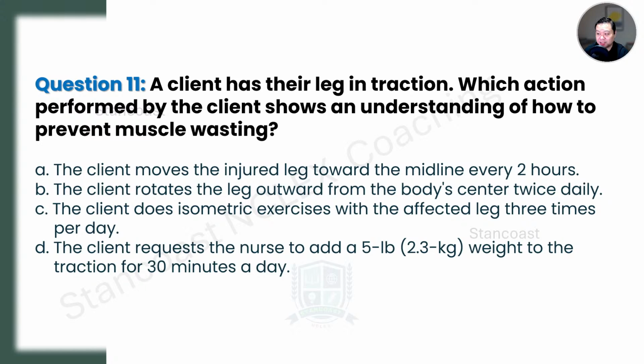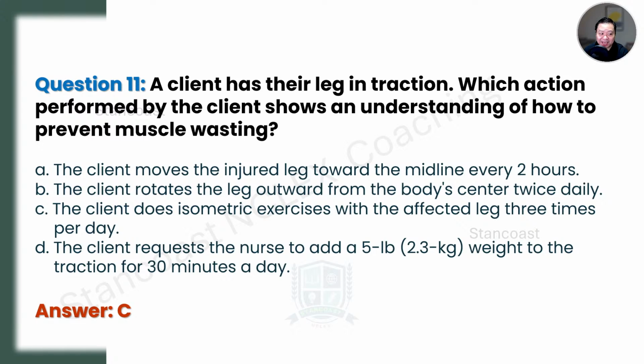Your patient is in traction, and which of these options reflects that there is understanding in how to prevent muscle wasting? You should select the option which is letter C. The client does isometric exercises with the affected leg 3 times per day.